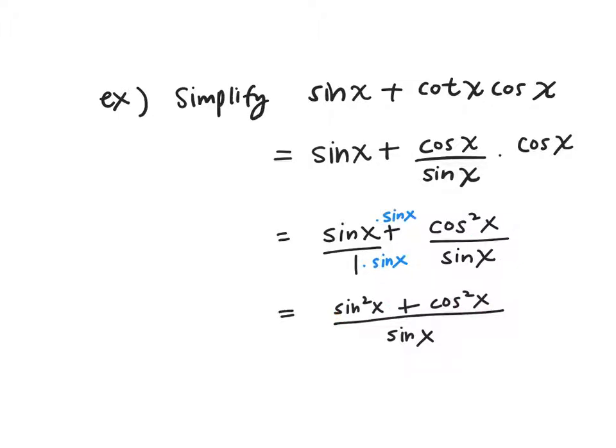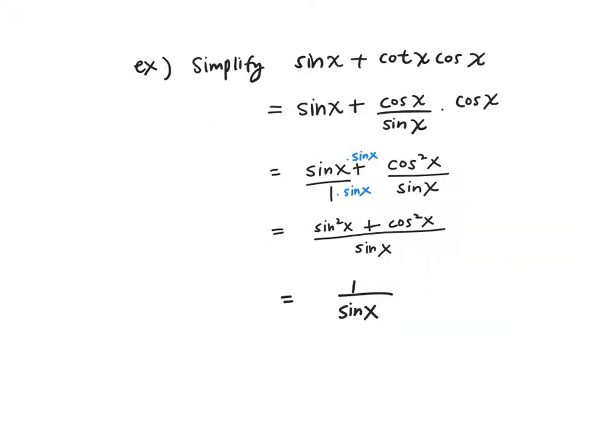And I hope you could notice here that sine squared x plus cosine squared x is equal to 1. So I end up with 1 over sine of x, which is equivalent to cosecant of x. It's the reciprocal identity. Final answer, cosecant of x.